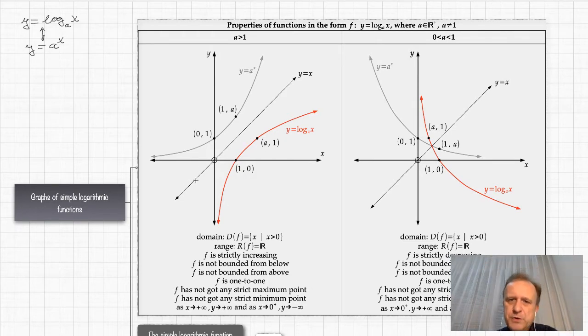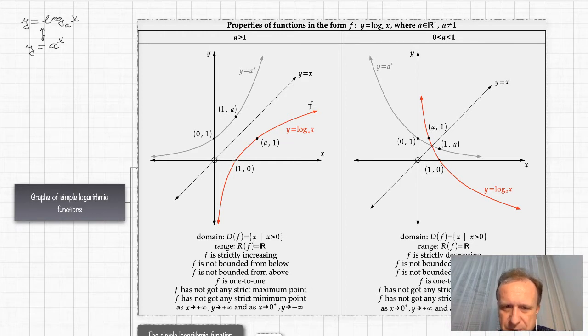Now, we should be able to describe the properties of the logarithmic functions if we remember some properties of the original exponential one. So, for example, let us look at this picture. The domain of this function, this red function, is the function f. Its domain is represented by only positive numbers x.